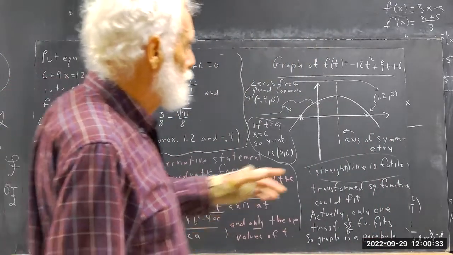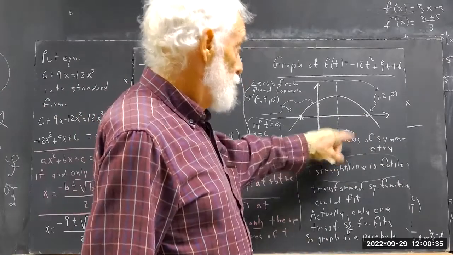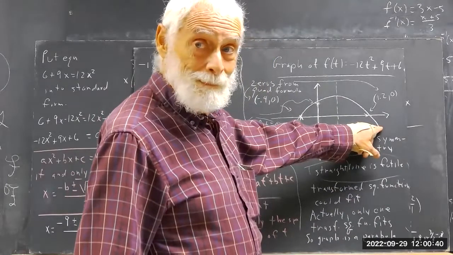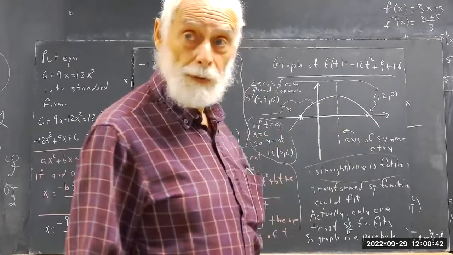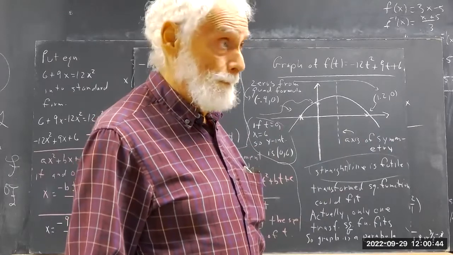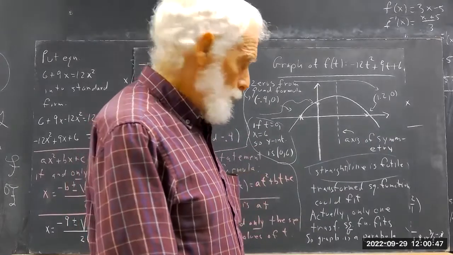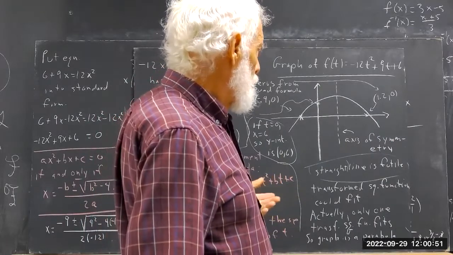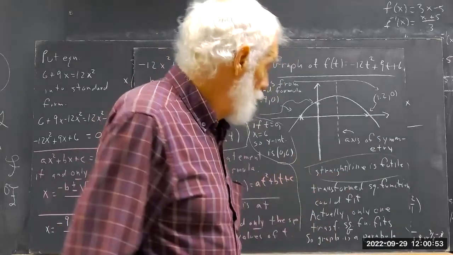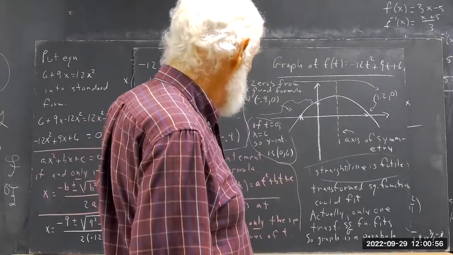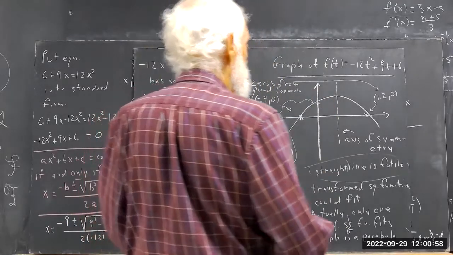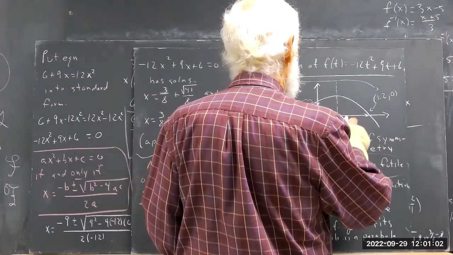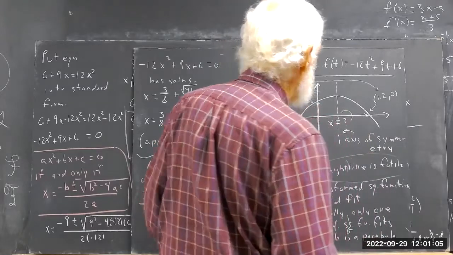If the parabola is symmetric about this line, that means any point on this side is just a reflection of the corresponding point on this side. So I'm just going to ask you to think about it for a minute. What's the x value for this axis of symmetry? X equals what on this axis?